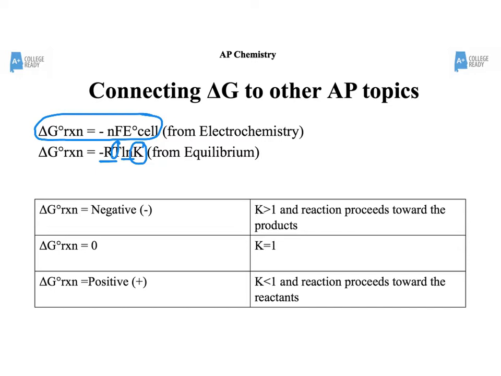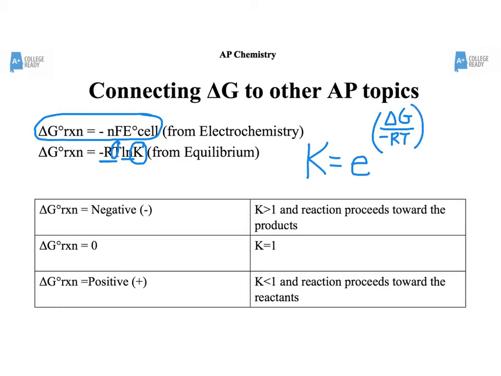Sometimes we get messed up when we're going from K to G. So just know, and if you need help with this, you can go to a math teacher, but K is equal to the inverse natural log, which is e, raised to the delta G divided by negative RT.